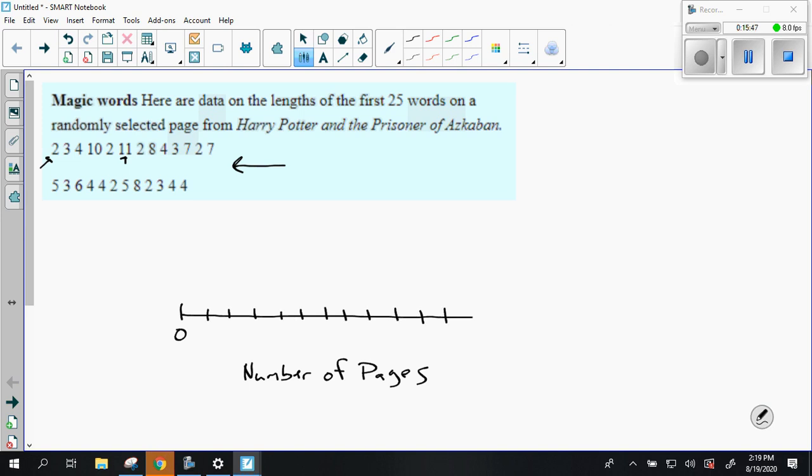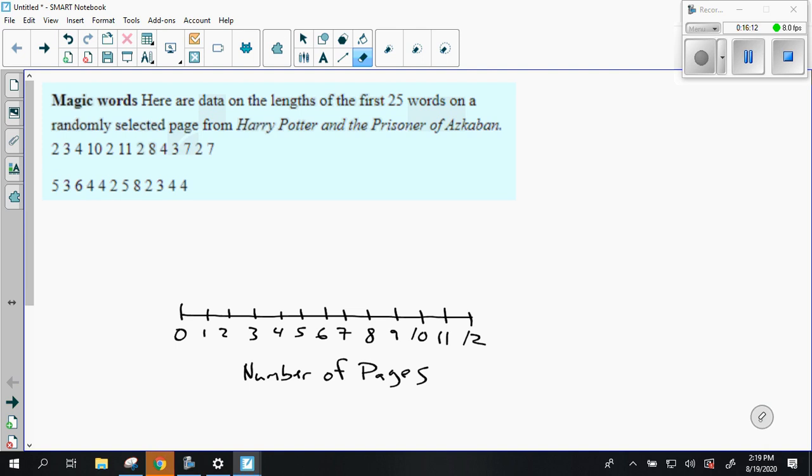So we'll label these 1 through 11, and I'll put in the 12 even though we don't have a value for 12. And now I'm going to go through the data and start making a dot for each one. My lowest one turned out to be 2, so I'm going to mark each of the 2s.